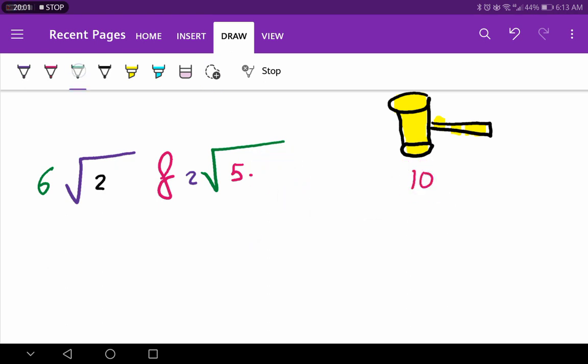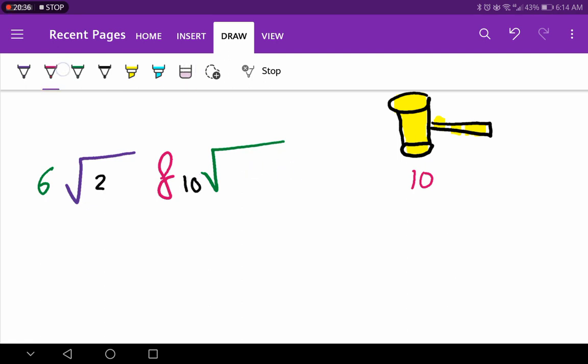The 10 gives 5 and 2. Yes, here I have double 5, so this gives me 25, and the 25 is what? A perfect square, so I will send it outside as 5. Good, so it will be 2 by 5, and 2 by 5 gives me 10.